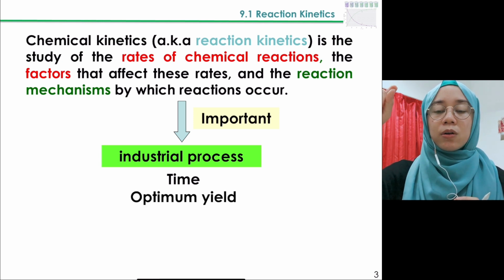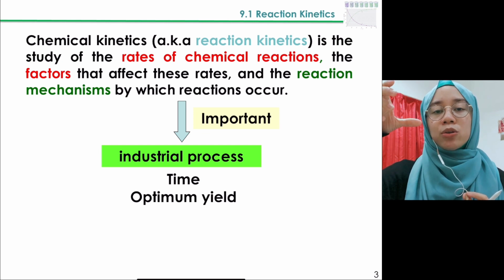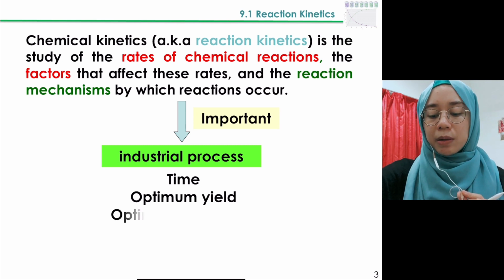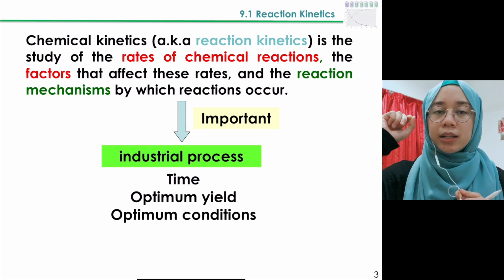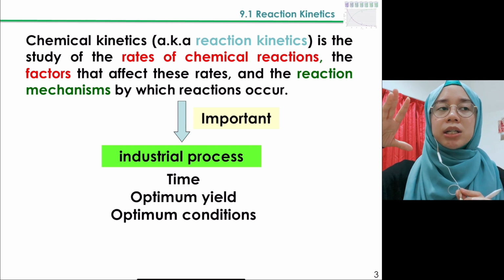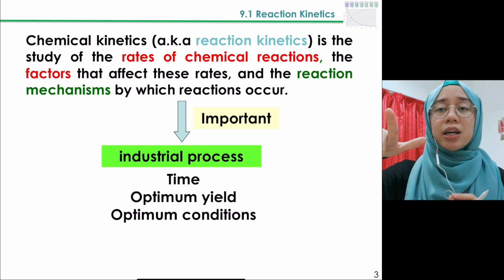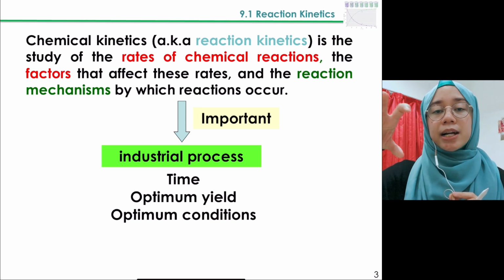Selain daripada masa, dia juga nak produk yang terhasil tu banyak, optimum yield, and then condition dia pun has to be optimum juga. So condition ni ada banyak benda nak kena fikir pasal suhu, pasal pressure. Sebab semua benda tu nanti akan affect the rate of reaction.